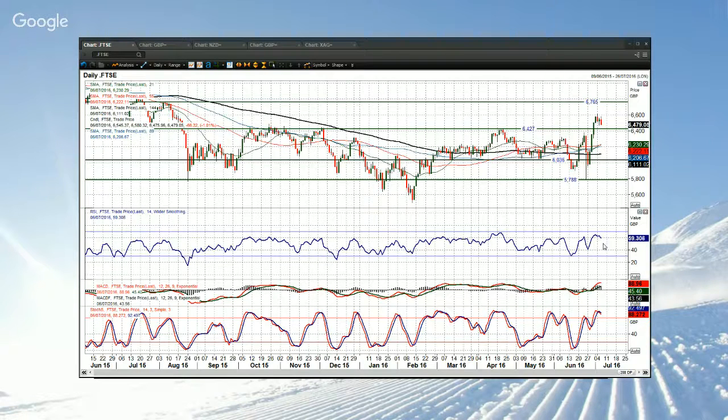Strong momentum, although you could argue it's not a million miles off ranging, but the breakout above that resistance looks to try and improve the outlook, and it'll be very interesting to see what happens with FTSE if the UK economy continues to deteriorate. But weaker cable or weaker sterling is certainly a supportive aspect for FTSE.